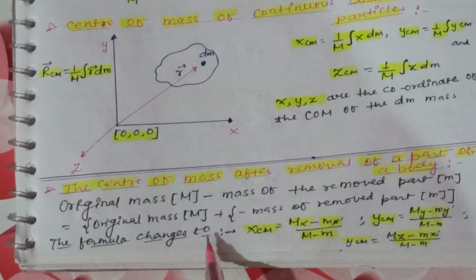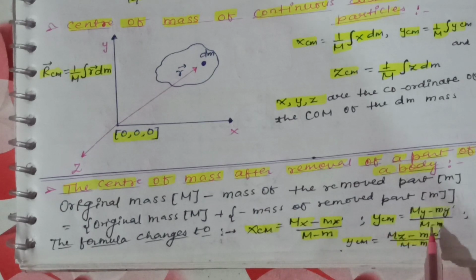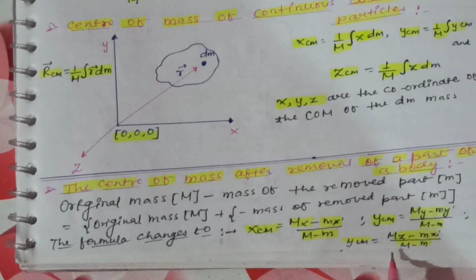The formula changes to xcm is equal to Mx minus mx dash upon capital M minus small m. Ycm is equal to My minus my dash upon capital M minus small m. Zcm is equal to Mz minus mz dash upon capital M minus small m.